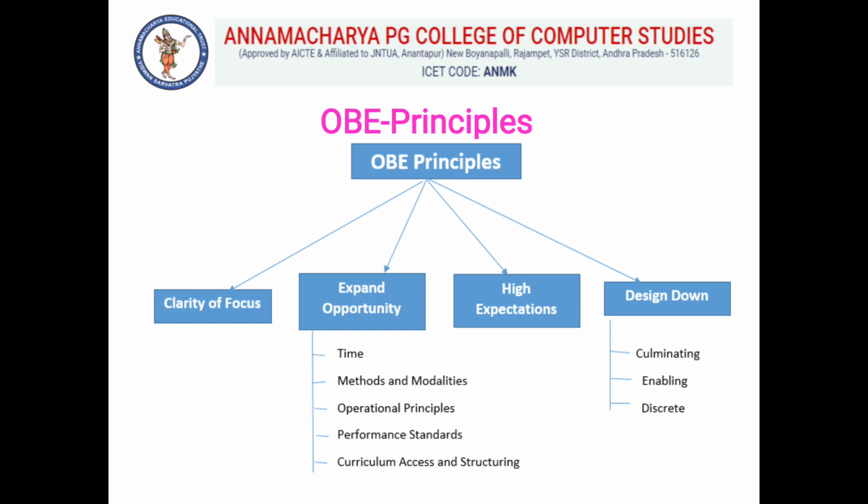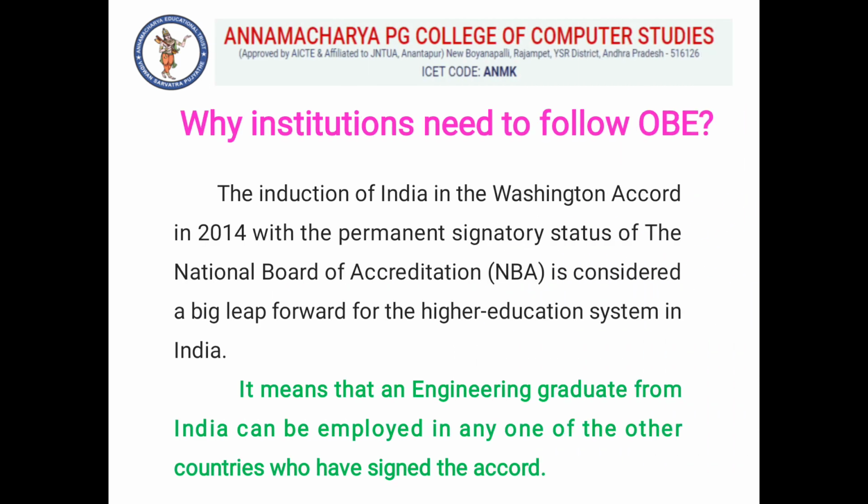Whereas the students have high expectations to get good marks, the faculty should also maintain the curriculum design down to earth. That means we have to do culminating, enabling, and discourage. These three make the design down.